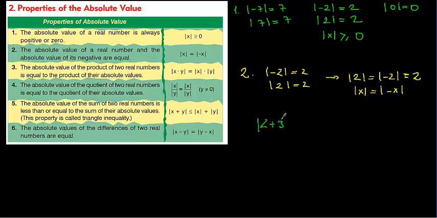Absolute value of 2 plus 3 is always less than or equal to absolute value of 2 plus absolute value of 3. Absolute value of 5 is less than or equal to 2 plus 3. 5 is less than or equal to 5. This is the case where 5 is equal to 5.